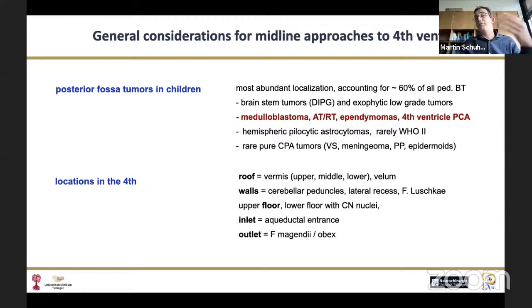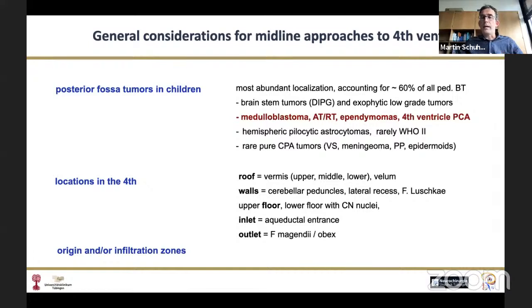Upper floor is above the facial colliculi, so the part of the floor where you have no nuclei directly under the surface. And then we have the lower floor, as Henry told you and showed you, with the relevant and most important cranial nerve nuclei. We have the inlet, which is the aqueductal entrance, and the outlet, the foramen Magendie and the obex.